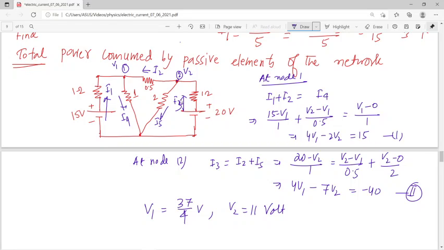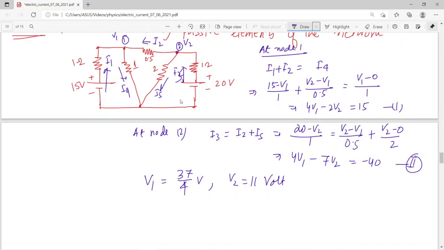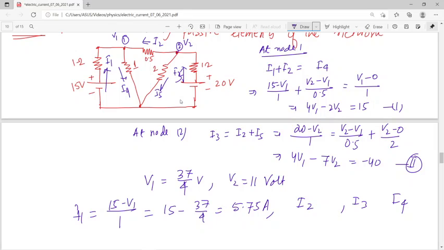From that, what is the value of I1? I1 is nothing but 15 minus V1 by 1. Put in the value V1 is 37 by 4, and it comes out 7 point something. Similarly you can find I2, I3 and I4. Power means I squared R, that is I1 squared R1 plus I2 squared R2, like that, and that is the total power consumed by the circuit.